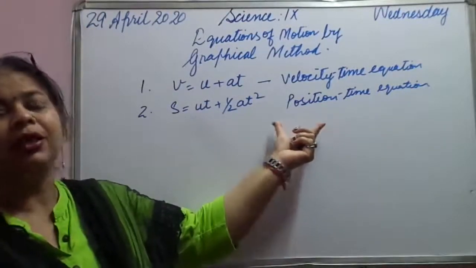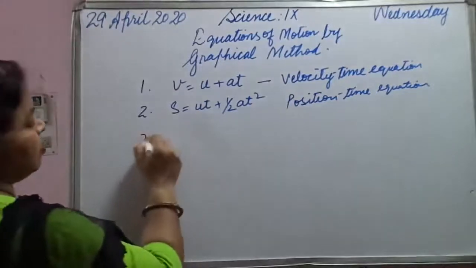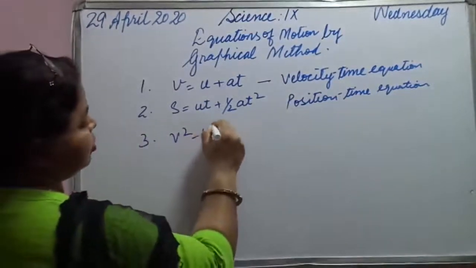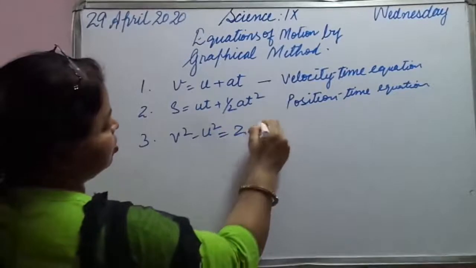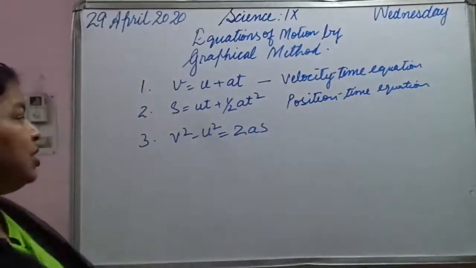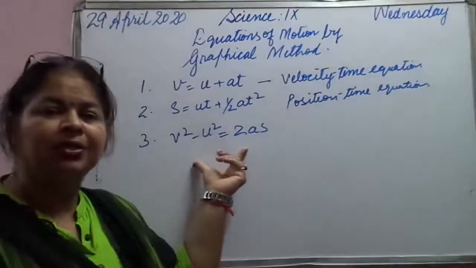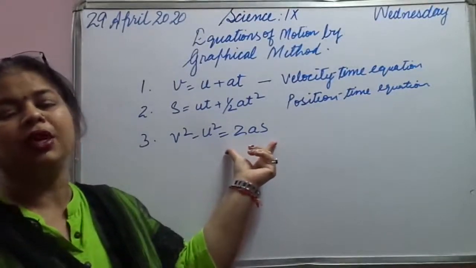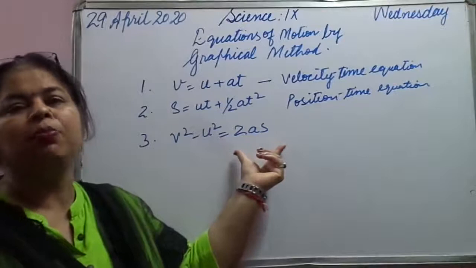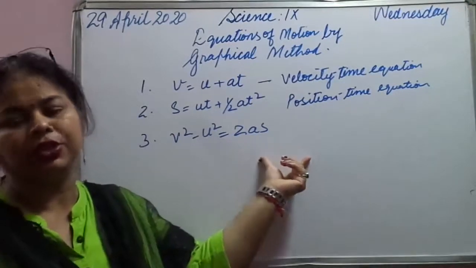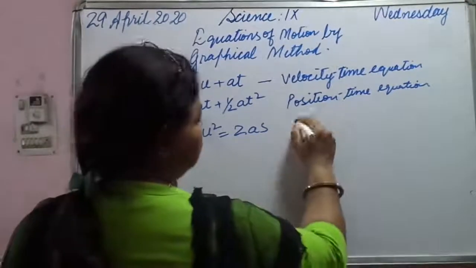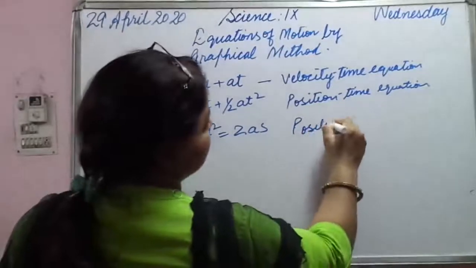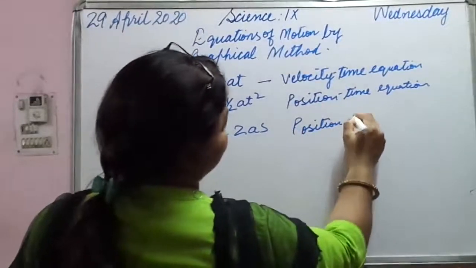Then the third one is v square minus u square = 2as. This equation is known as the position velocity equation, the relation between position and velocity.